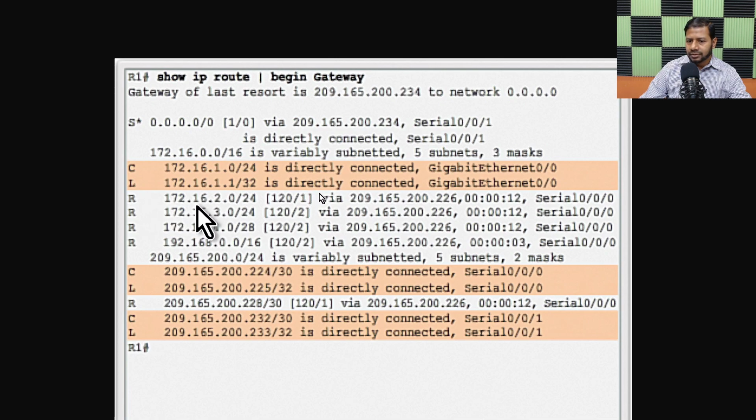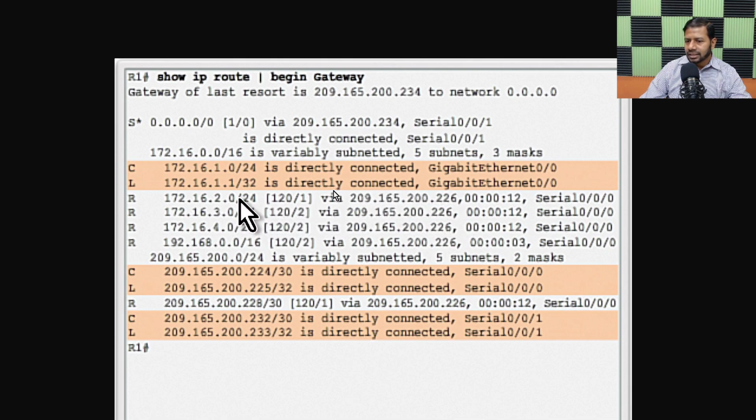This another route right here. These two lines, look at this one. R, this route was learned by RIP protocol. To go to this network, since it's learned by RIP protocol, its administrative distance is 120, via 209.165.200. So that is the next hop address. It has to go to this router.